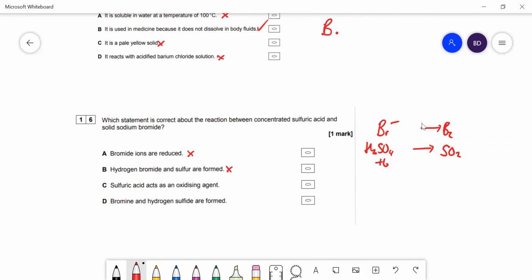Iodine can reduce it, even if that's +4. Iodine can reduce it to sulfur, which is 0, and H2S, which is -2. But bromine isn't a strong enough reducing agent to do that. Sulfuric does act as an oxidizing agent. And bromine is formed, but you don't get hydrogen sulfide. Okay. So C is right there.